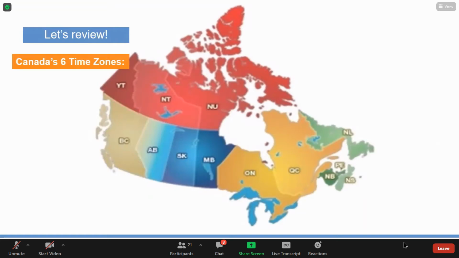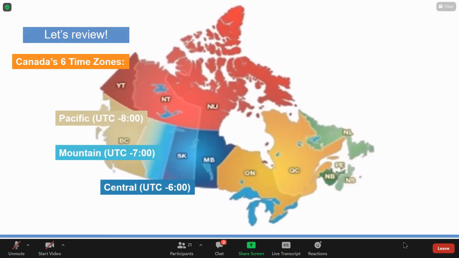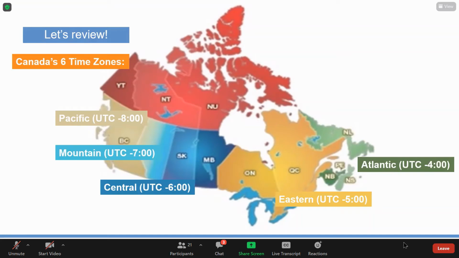Okay, you remember Fayrouz was mentioning Fleming, the one who discovered the time zone. So it's important to remember his name, and also to remember that we have 6 time zones in Canada. You can see from this slide, we have Newfoundland time, Atlantic, Eastern, Central, Mountain, and Pacific.